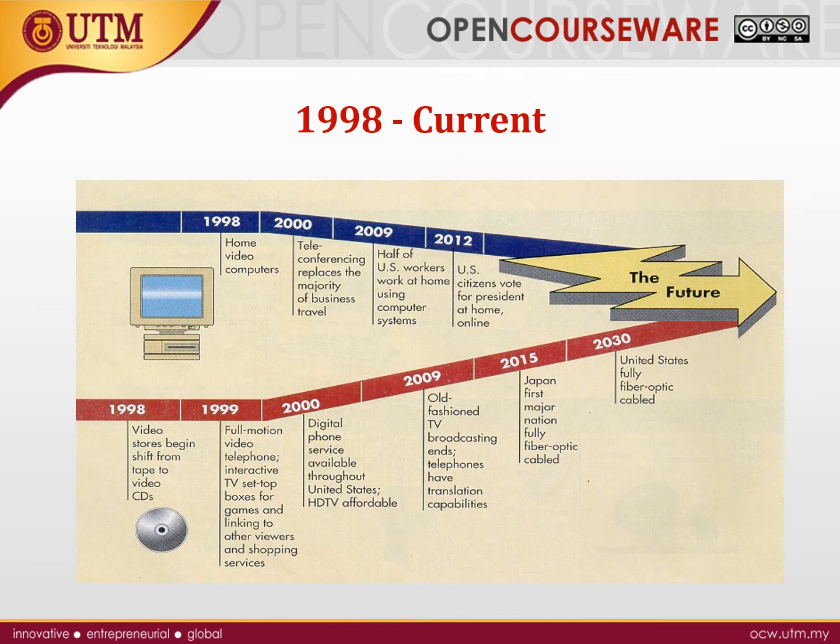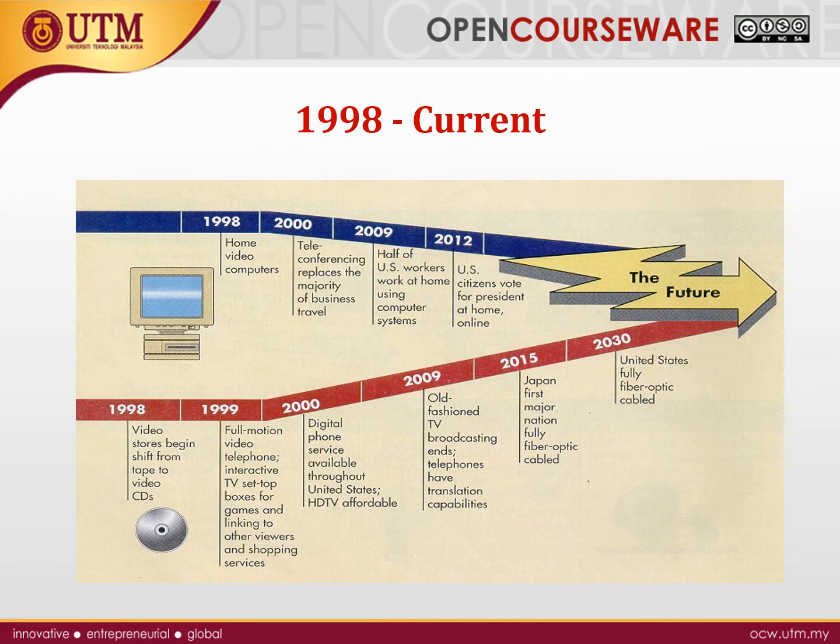For the communication technology, in 1998 video stores began to shift from tapes to CDs. And then in 1999, full motion video, telephone, interactive TV setup, and so on. In 2000, digital phone service became available throughout the United States. And then in 2009, old-fashioned TV broadcasting ended with the move to LCD TV.